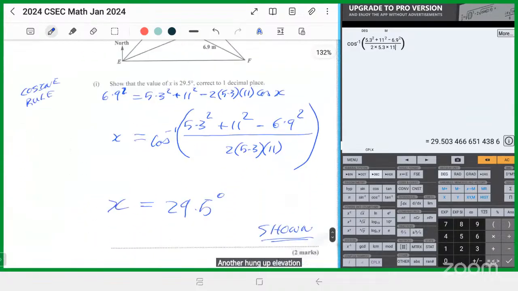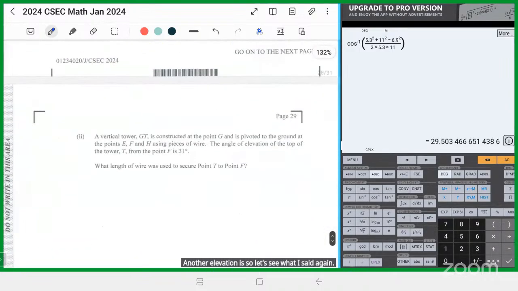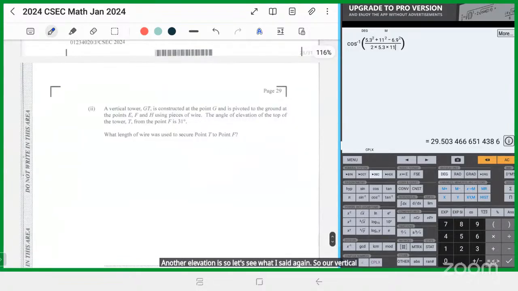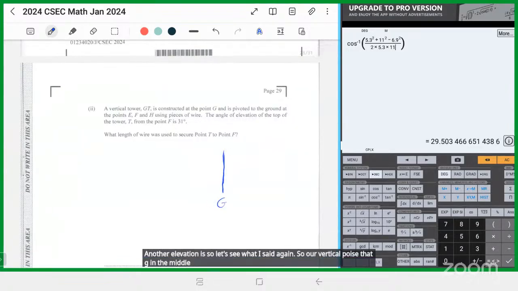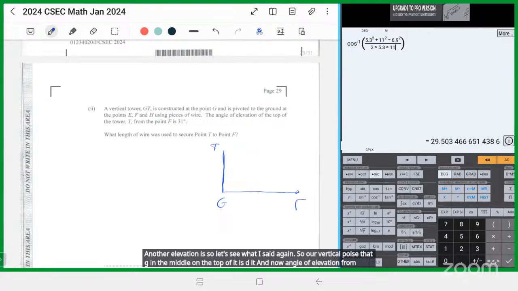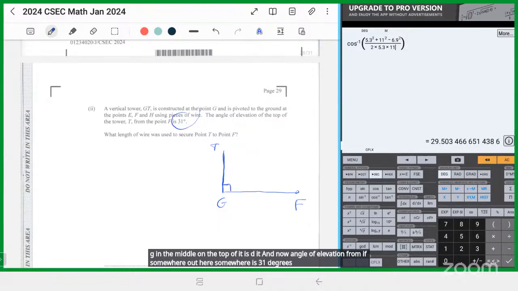So let's see what I said again. A vertical tower is placed at G in the middle, and the top of it is T, and the angle of elevation from F somewhere out here is 31 degrees, and right here is 90 degrees because the angle between vertical and horizontal is 90 degrees.